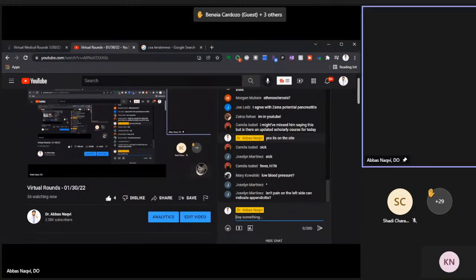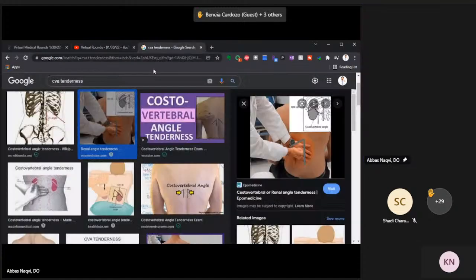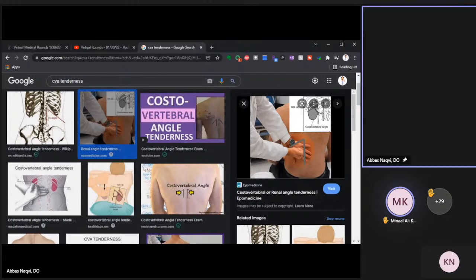Okay, Manon, what labs would you want? I would get a urinalysis, a culture, CBC, and the other blood test. I know it, but I'm forgetting, a BMP. BMP, perfect. Yeah, that's probably what I would get too.